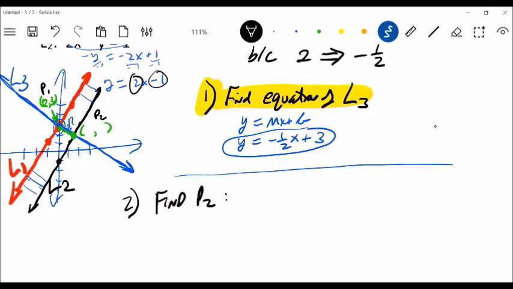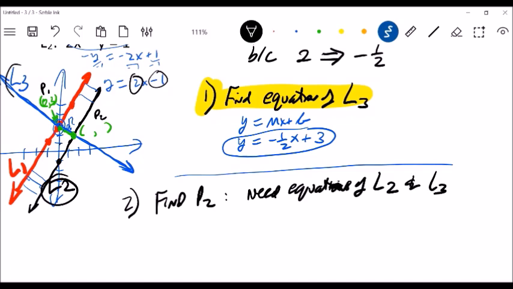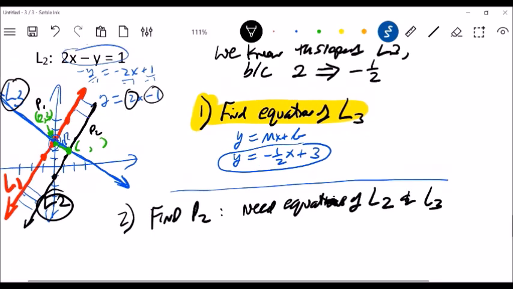So that's an intersection between 2 lines. Okay, so if we're going to find that one, we're going to need the equations of L2 and L3. We now have them.